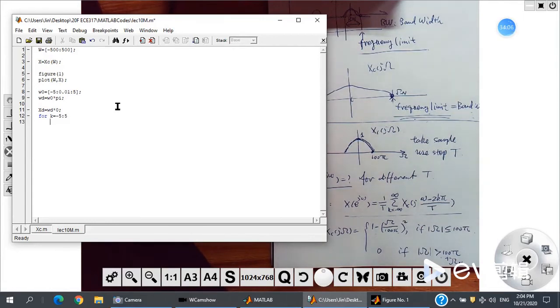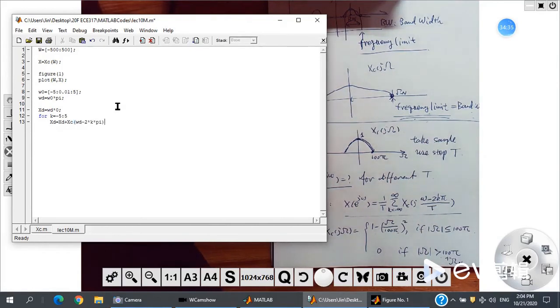For this k, xd will equal xd plus a shifted xc, right? Shifted xc. So that is xc of j omega d minus 2 times k times pi.